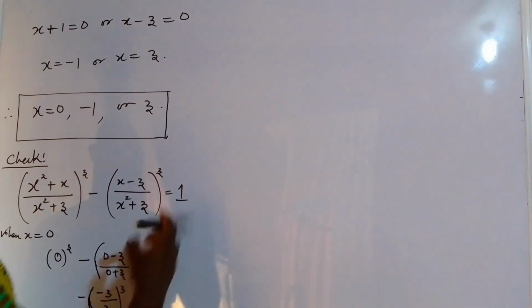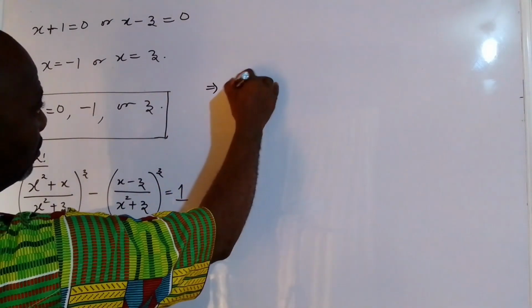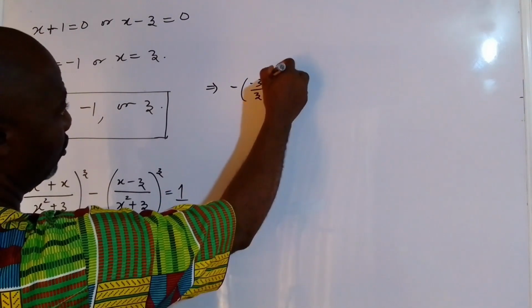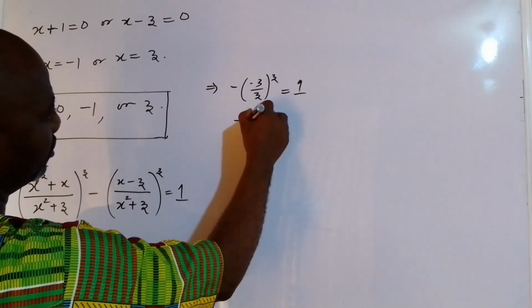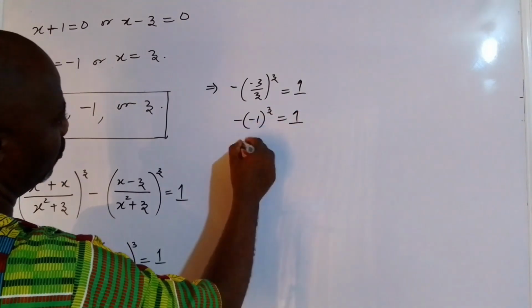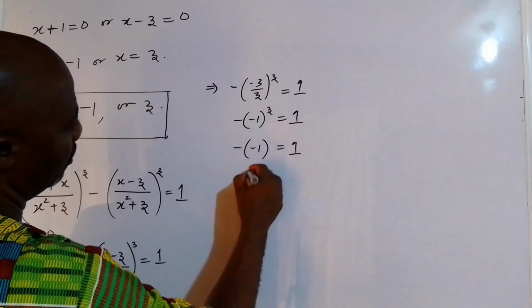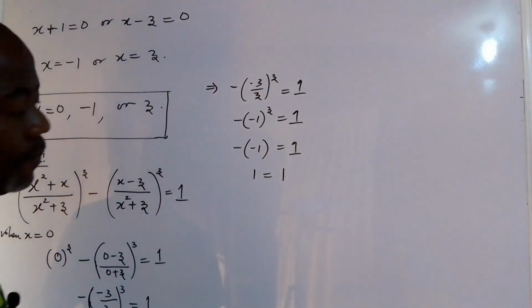So we have minus 3 over 3 cubed equal to 1. So this will be minus 1 cubed equal to 1. So we have minus 1 equal to 1. Then we have 1 equal to 1. So that's for x equal to 0.